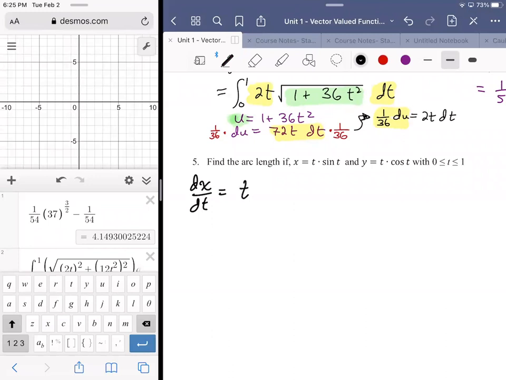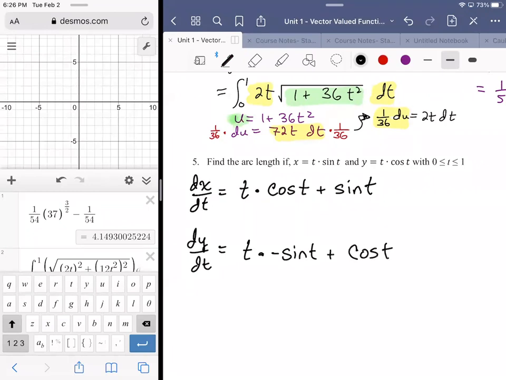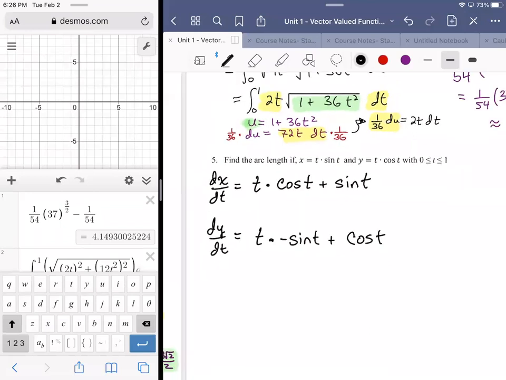So first times the derivative of the second, cosine of t, plus the second function, which is the sine of t, times the derivative of the first, which is just a 1, so I'll leave that off. dy/dt, first times the derivative of the second, plus the second times the derivative of the first. So, same deal. The derivative of t is equal to 1, so we don't really need that.